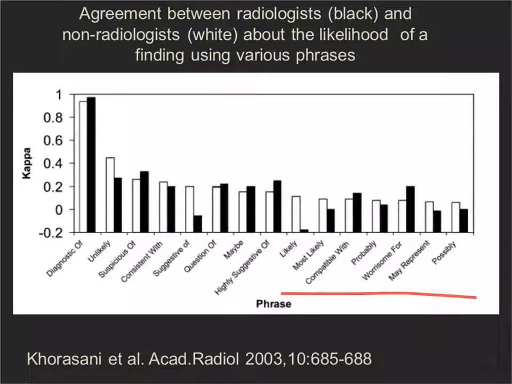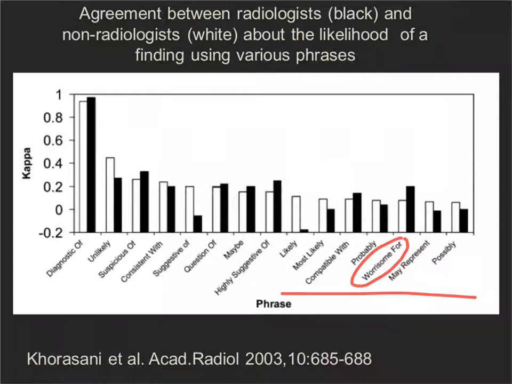And they asked them how likely they thought that abnormality was present. So, for example, if somebody said that something was worrisome for cancer, what was the percentage likelihood that that abnormality was going to end up being cancer? Was it 80% likely, 50% likely, and so on?